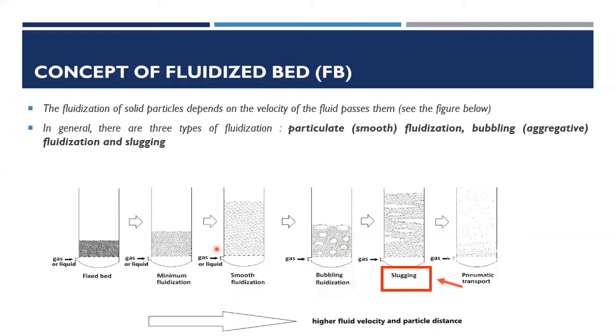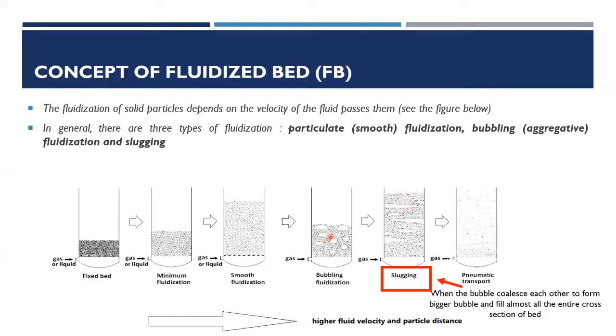Slugging happens when the bubbles, which start to form in bubbling fluidization, coalesce, collide with one another, and form a bigger bubble which fills almost the entire cross-sectional area of the bed.